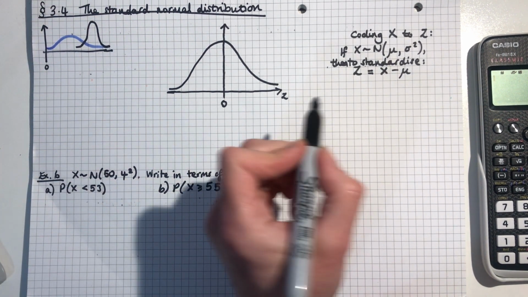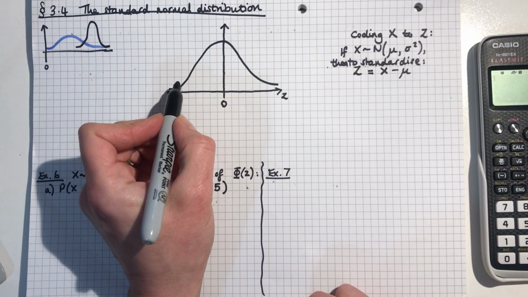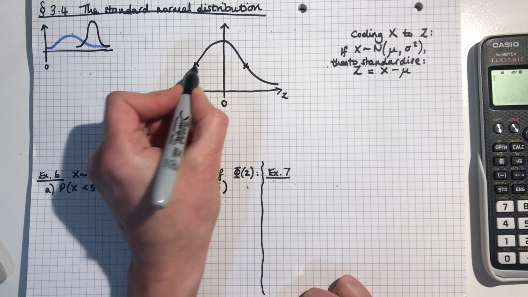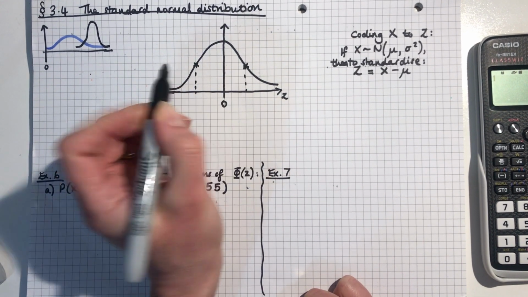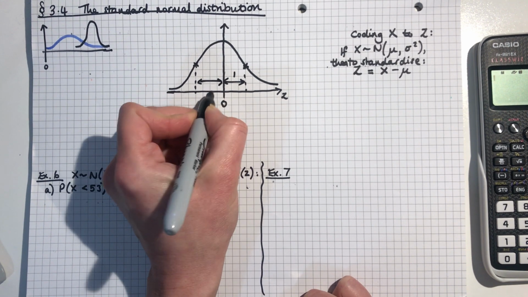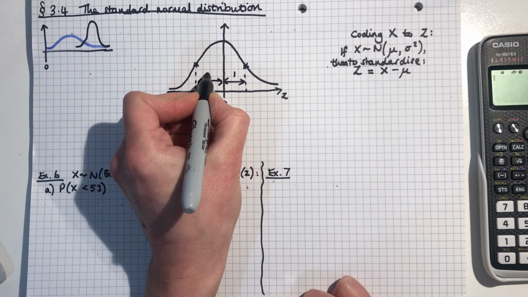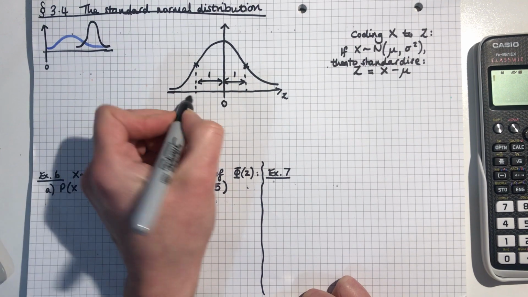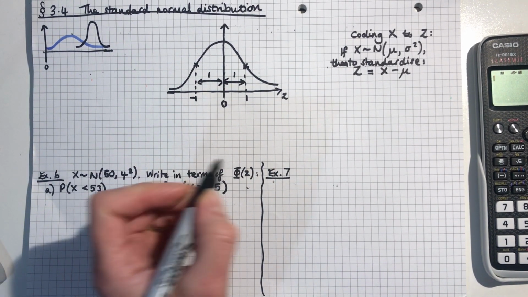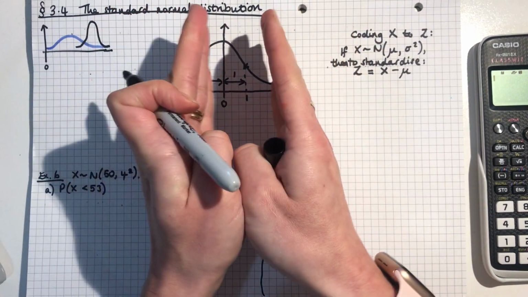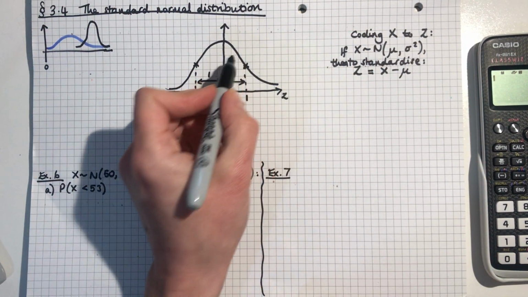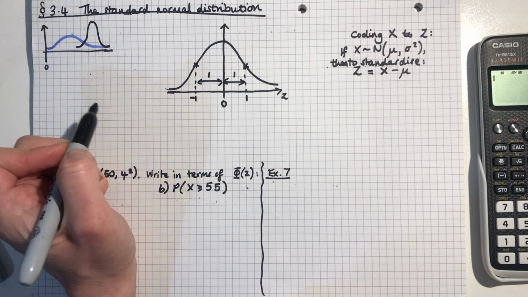Then, once you've done that, you need to make it so that the standard deviation out to the points of inflection is only a distance of 1 away from the mean, so that this is at -1 and this is at +1. So what we have to do there is either squash or stretch the curve so that it fits into this shape instead of these shapes, for instance.